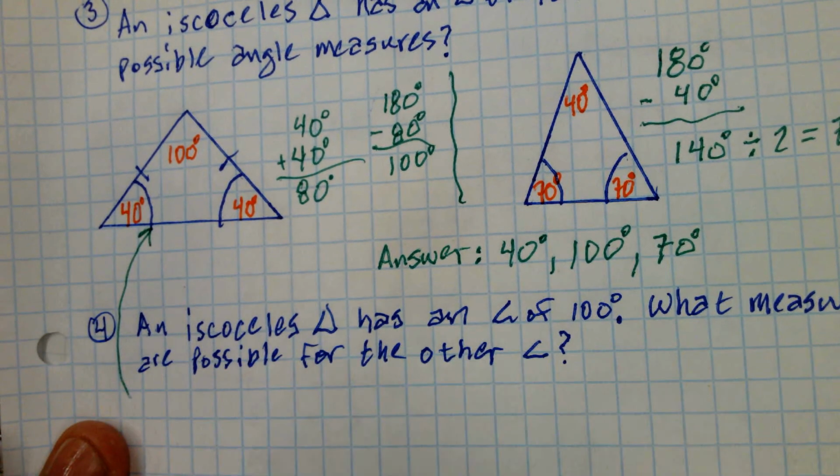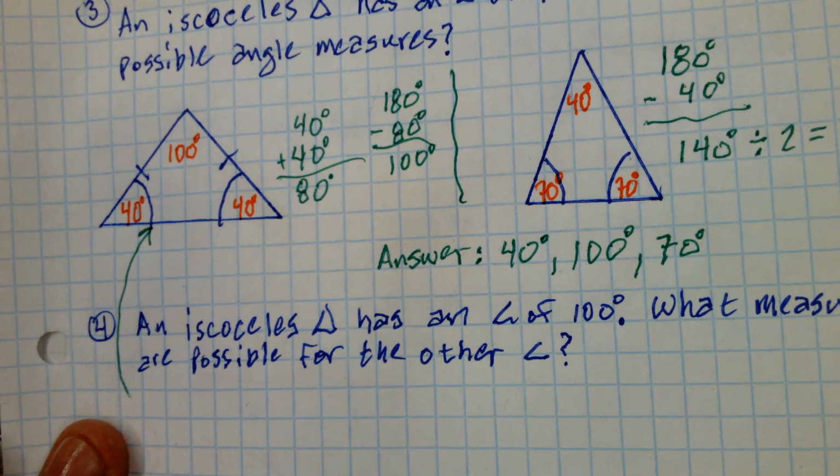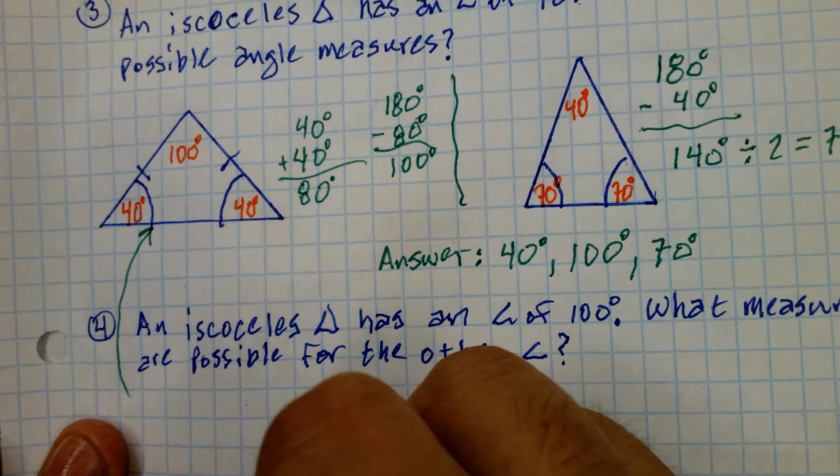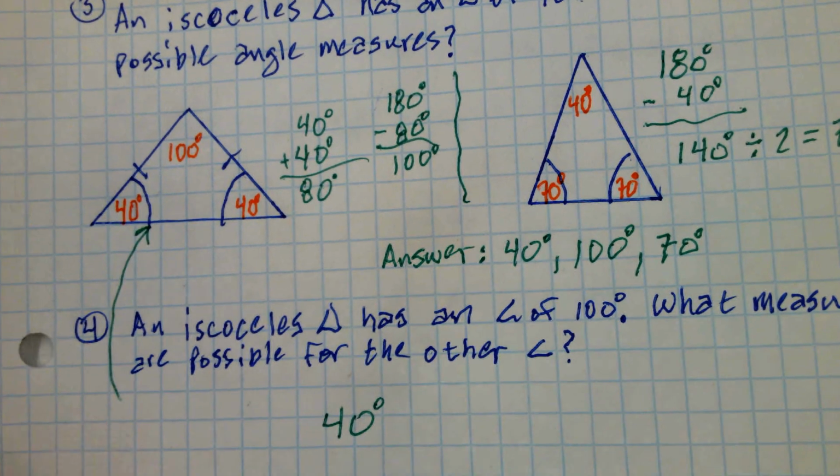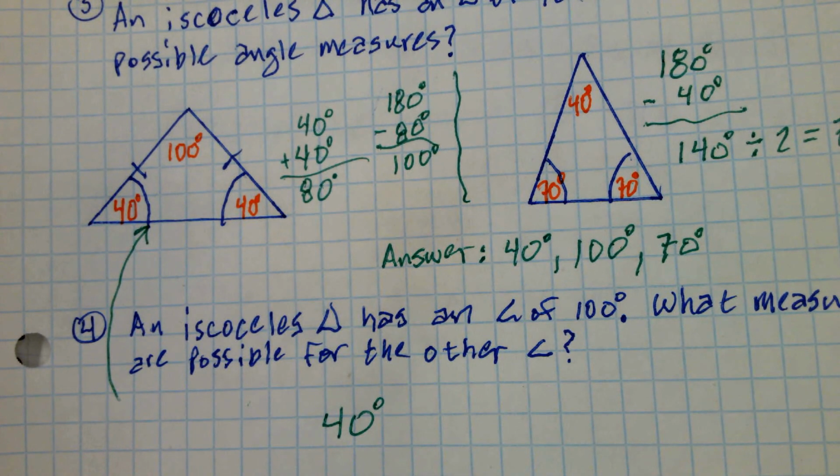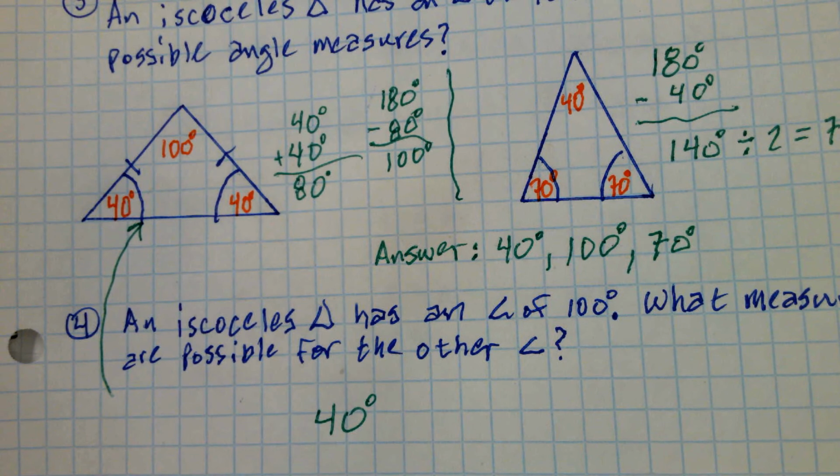So the other angle has to be how many degrees? 40. Okay? If it's a right angle or bigger, you can only do one type of drawing for that. Okay? So there you go. Okay, so we have our answers. We're going to move on to the sheet I gave you.